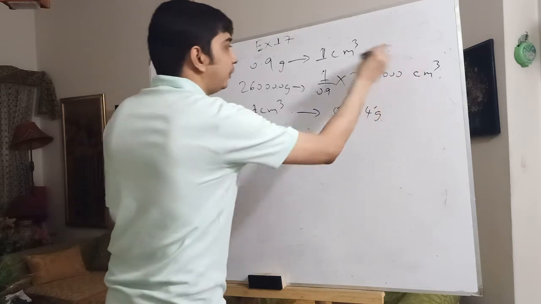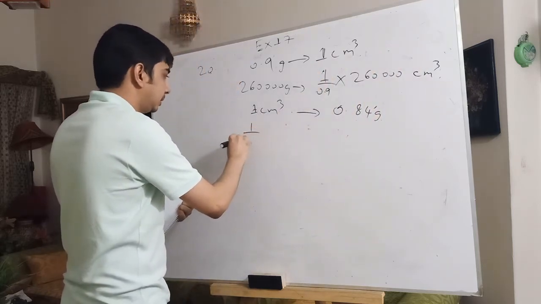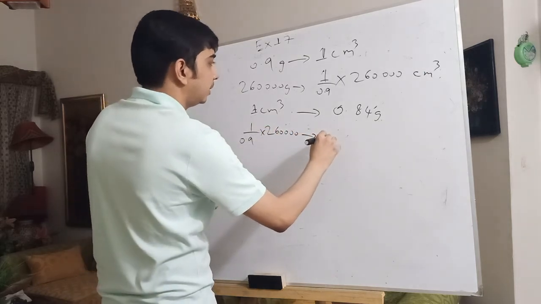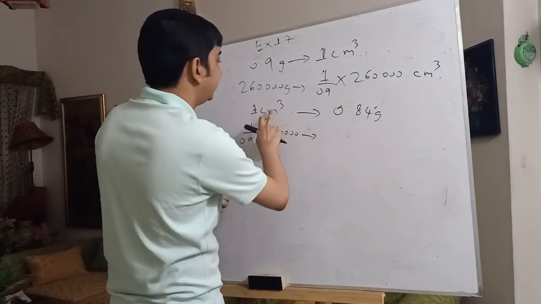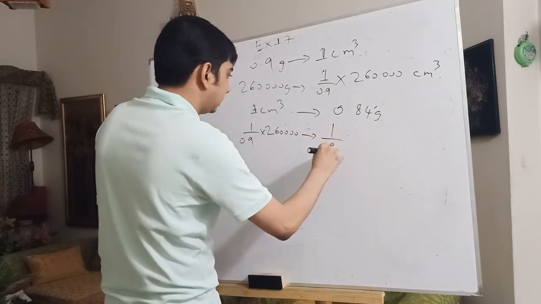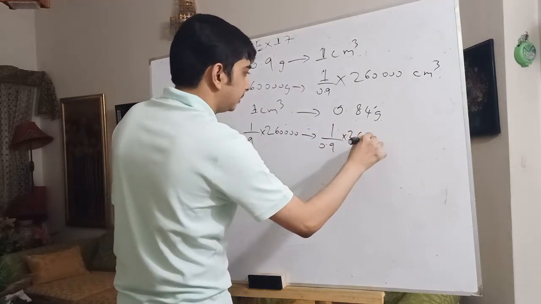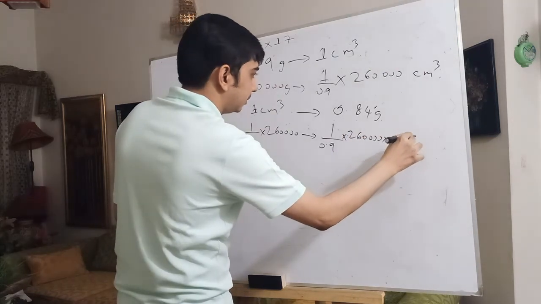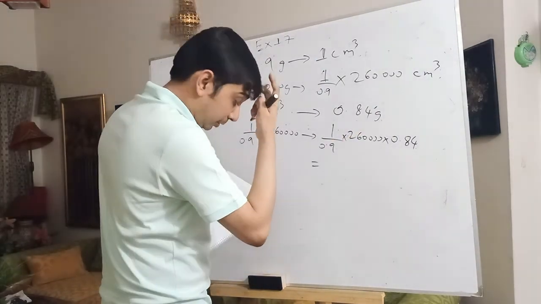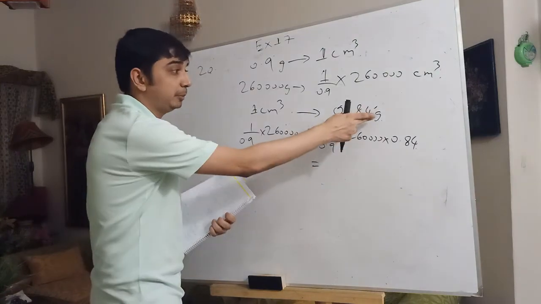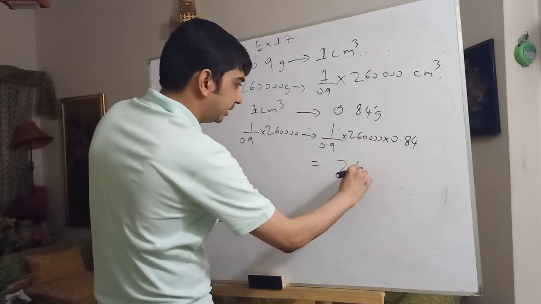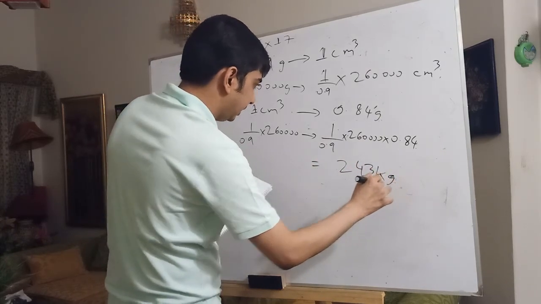So now for this volume, what is going to be the mass? You just multiply this quantity. So this is going to be quite a large number, and you're going to get the answer in grams. So let me convert it to kg. You just divide by 1000. So ultimately this is the answer that you're going to get, 243 kg.